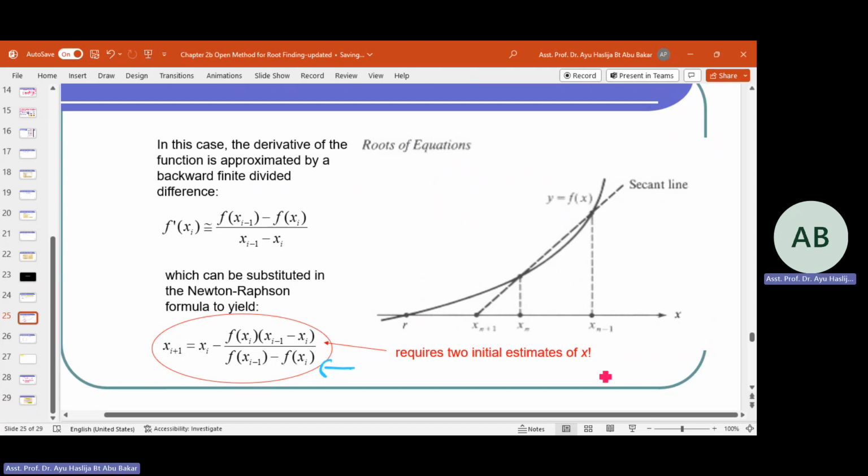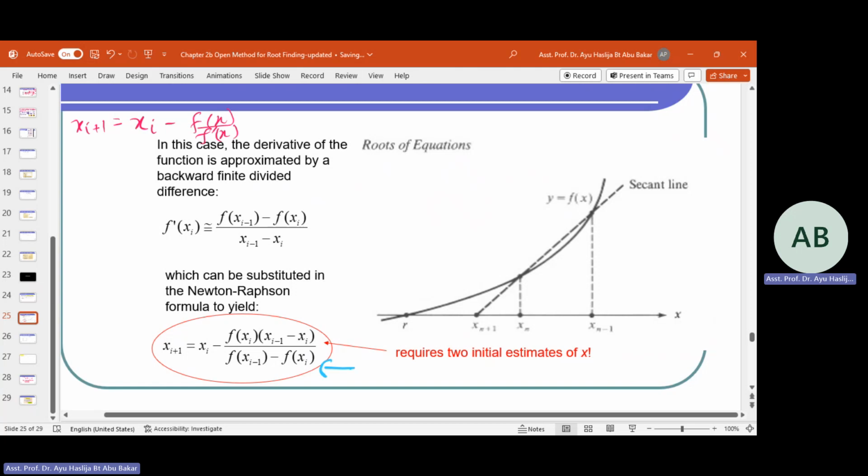In Newton-Raphson just now, to find x i plus 1 is equal to x i minus f(x) over the differentiation of the function, right? Where you need to do the differentiation analytically.